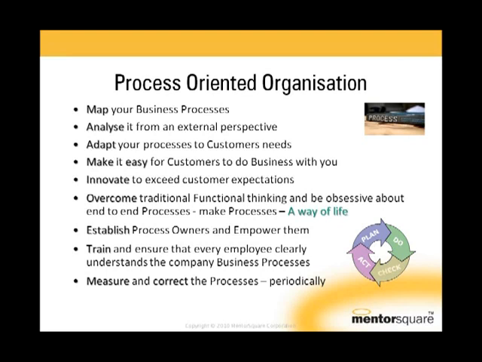There is a process which the company is recognized with, so that this is the way people do the work in this particular organization. So make it a process-driven organization. It's very, very important. And for each of these processes, establish a process owner and empower them.